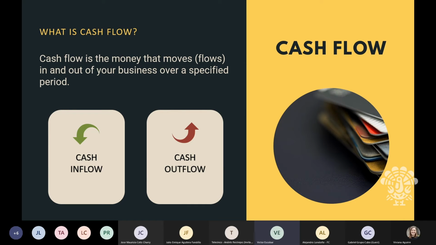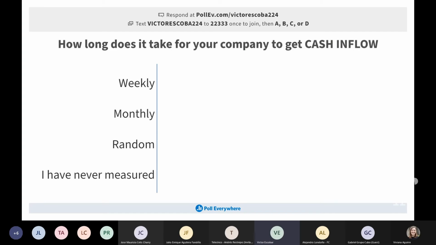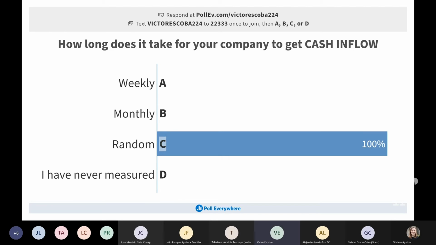I know that you are quiet today, but please bear with me. The next question is, do you know how long it takes for your company to get cash inflow? Is your company getting cash weekly, monthly, random, or have you never measured?